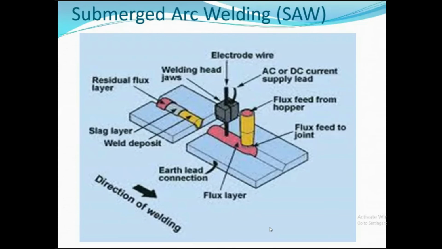Next is the submerged arc welding. Again, you have to see the figures of submerged arc welding. Again, we have to see that there are different parts in your submerged arc welding.